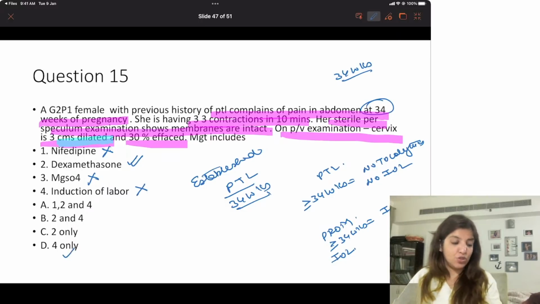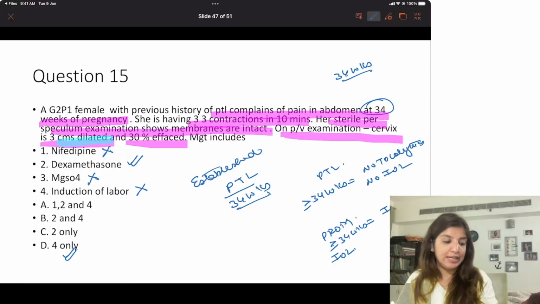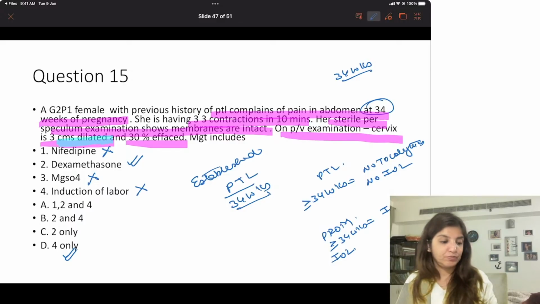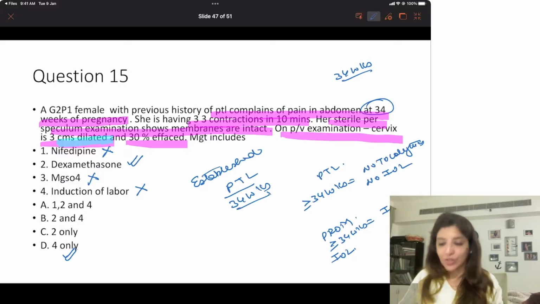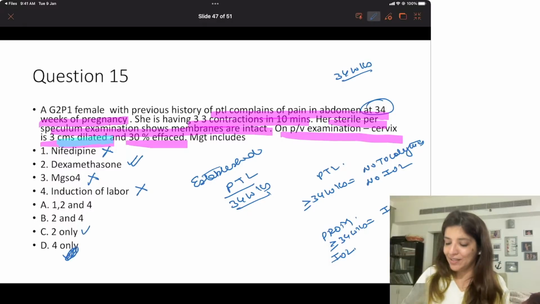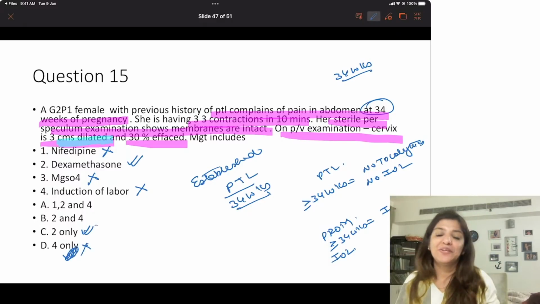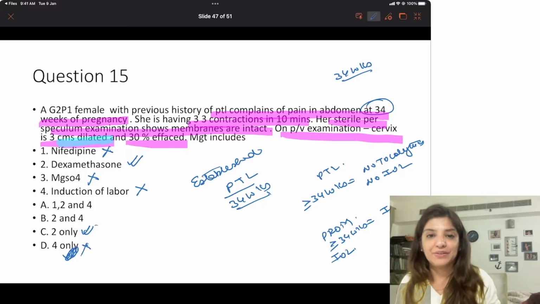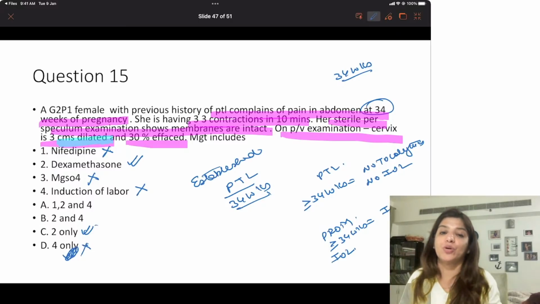So the answer is option 4 only. D, that is 4 only. Right? Answer is not, sorry. It's 2 only. It's not 4 only, it's 2 only. So the answer is only 2, that is only dexamethasone. So the answer is option C. It's only dexamethasone which you are going to use at 34 weeks.